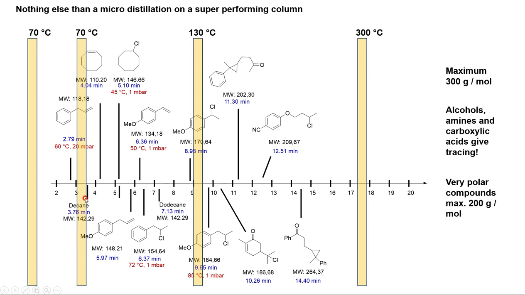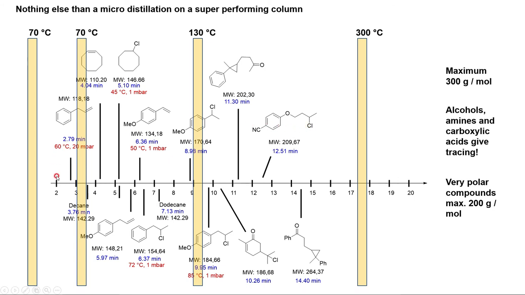Keep in mind that the molecular weight increases not in a linear fashion, but increases with the temperature, which is logical. Typically, higher molecular weight compounds evaporate or are less volatile than small compounds.